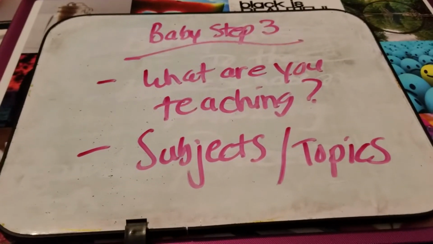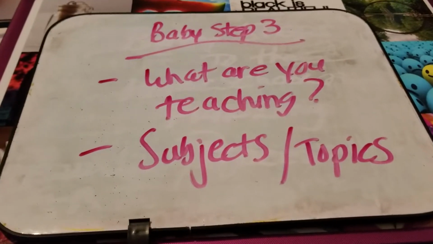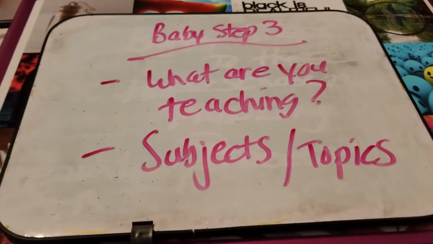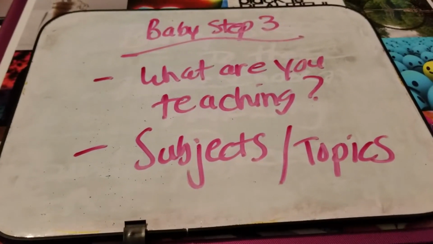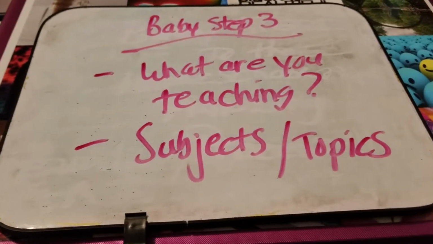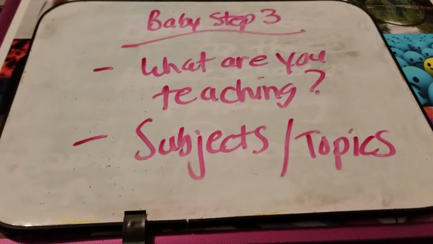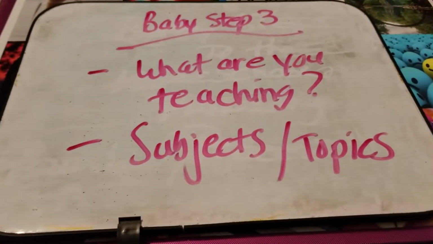Another example, American history. Once I decide, yes, I want U.S. history to be incorporated in our homeschool, I'll ask what subjects or what topics. So let's talk about the topic of learning all the presidents of the United States and the vice presidents as an example.